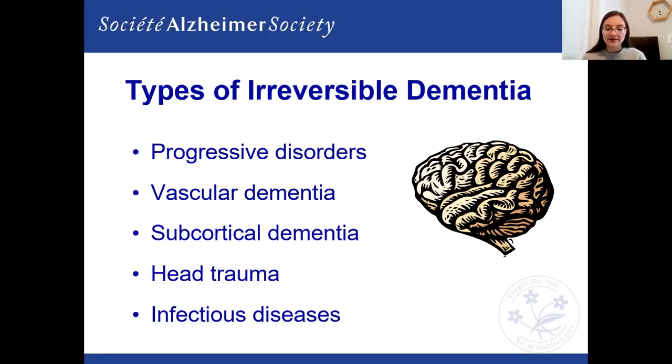Head trauma. This is an area that we haven't touched on yet, but head trauma, especially trauma that leads to a loss of consciousness, so you think of maybe a boxing match where somebody loses consciousness, can cause brain damage, and it can get worse over time. It can be progressive as well.